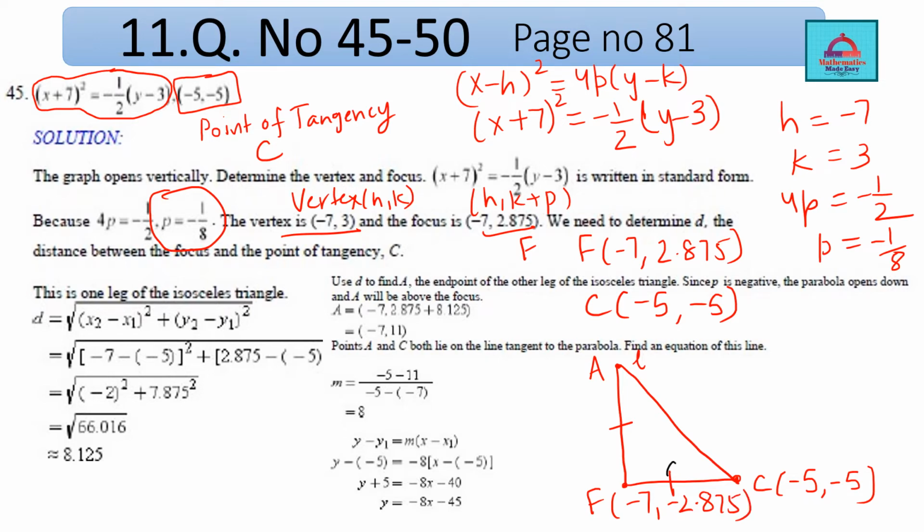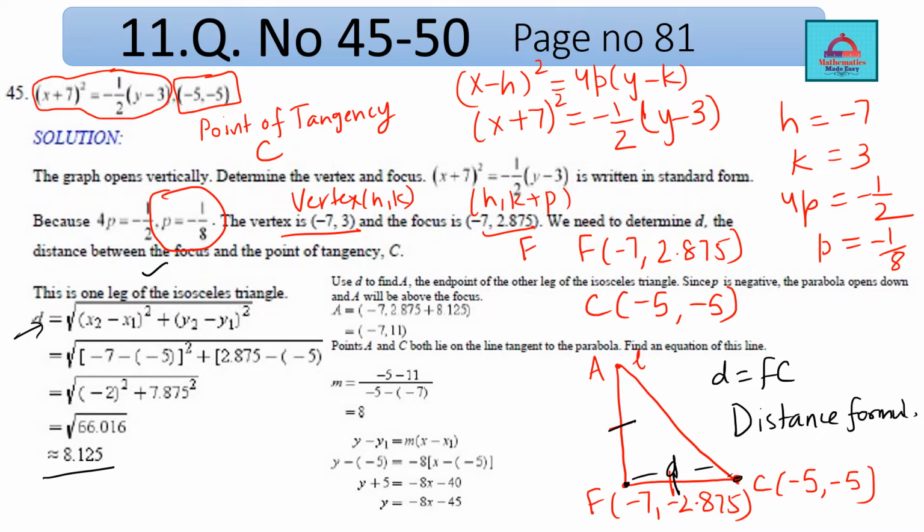Then let D be the distance FC. How do you calculate this FC? You use the distance formula, and this distance is going to be equal because of the leg of the isosceles triangle. We find the distance between points F and C, and the distance comes out to be 8.125.